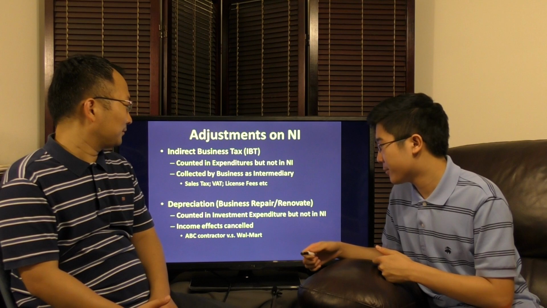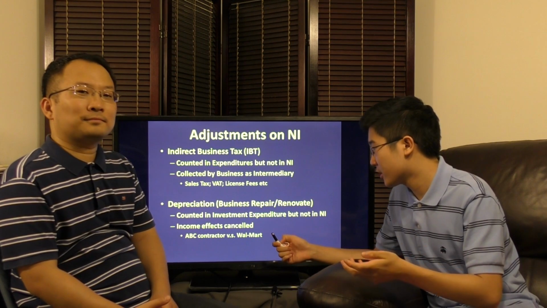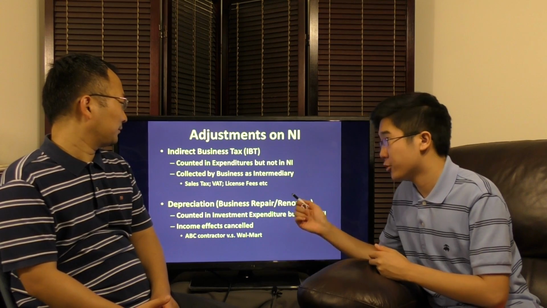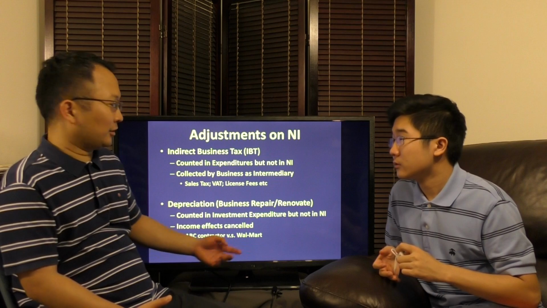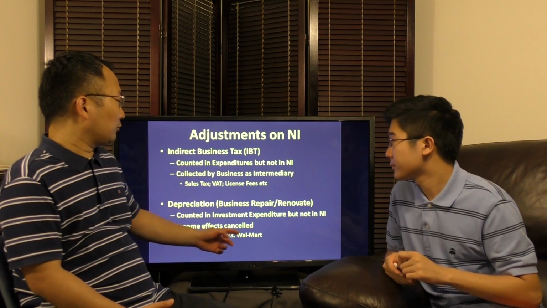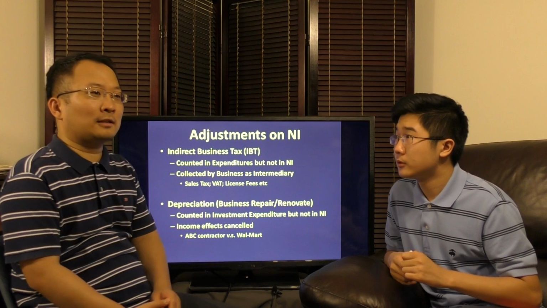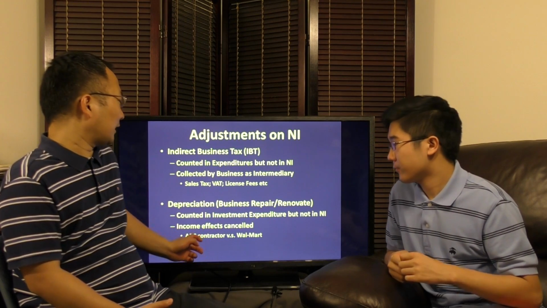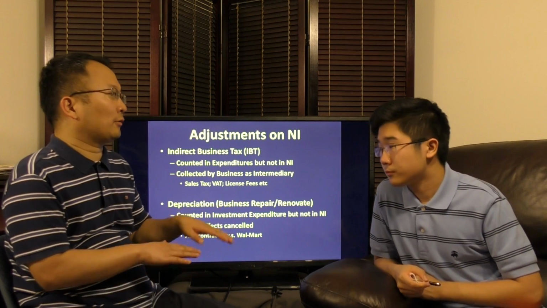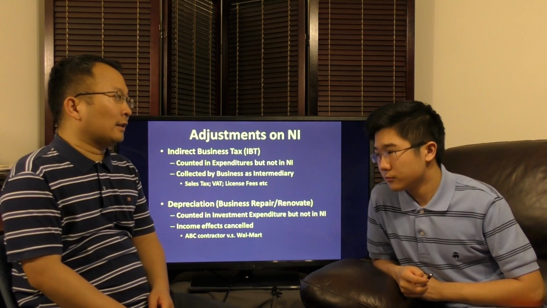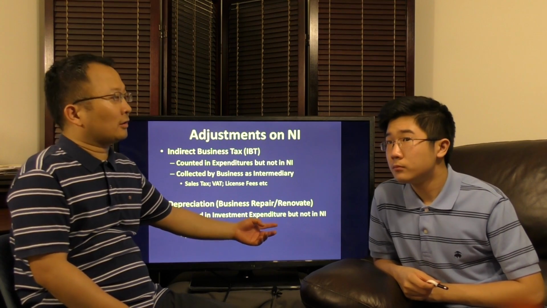However, it is not counted in national income, because the income effects cancel out. Anything Walmart paid to ABC Contractor for the renovation is counted as Walmart's cost, and counted as ABC's revenue. When we add up all of the profits from the businesses, they cancel each other. But in investment spending, it's counted at once.